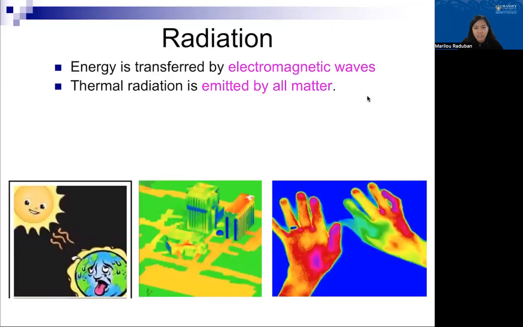And the faster the atoms vibrate, the more electromagnetic waves are emitted, and therefore more energy is transferred, meaning more radiation is emitted if the object is hotter, so that the atoms vibrate faster.